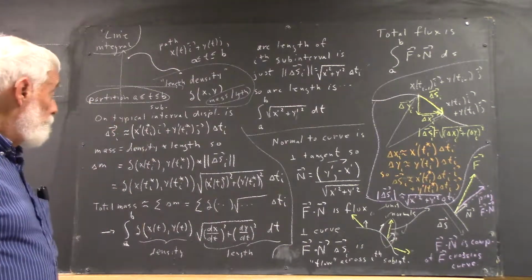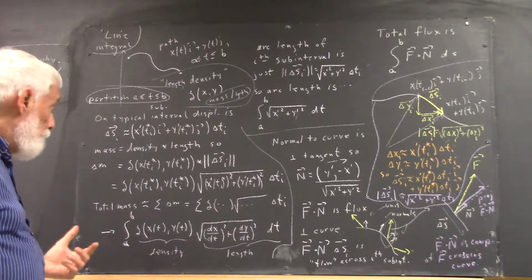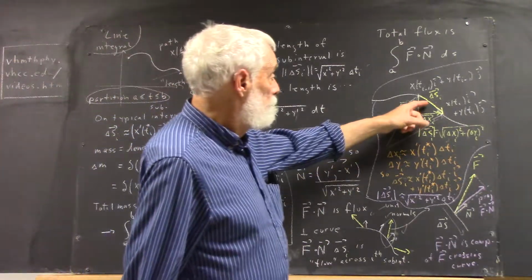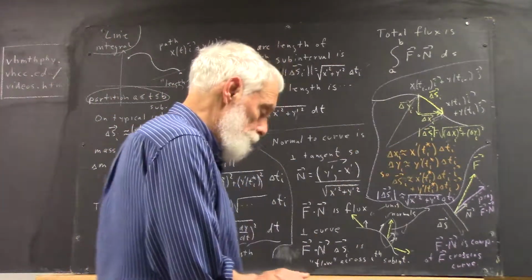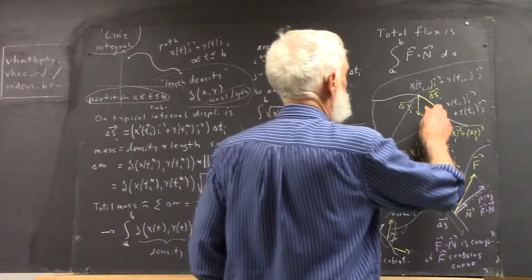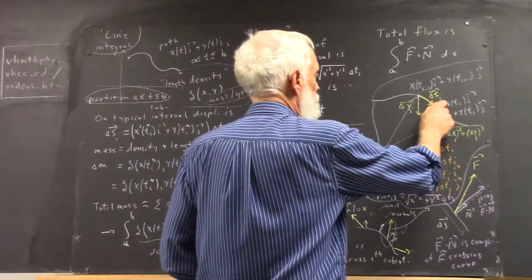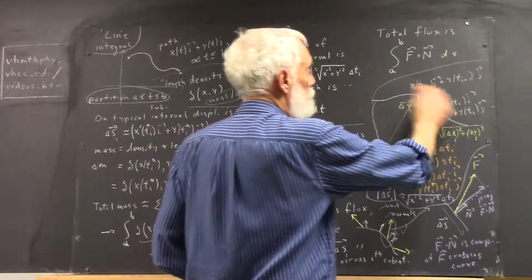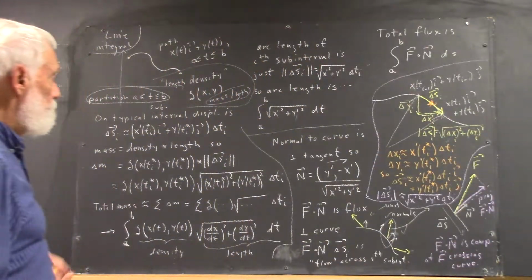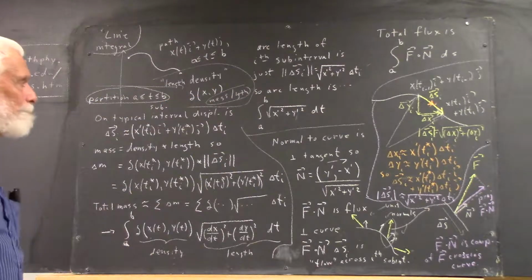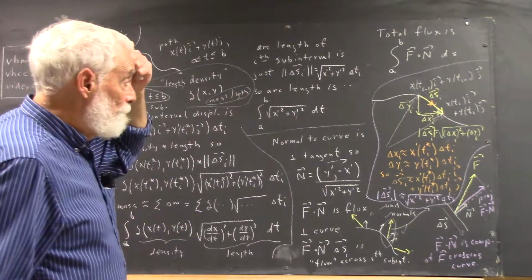The density is going to be evaluated at the sample point, okay? And I didn't have room to label it, but our sample point might be somewhere, not exactly in the middle of the interval, but somewhere, anywhere in the interval, okay? And that would be our x, y that we would get at t sub i.